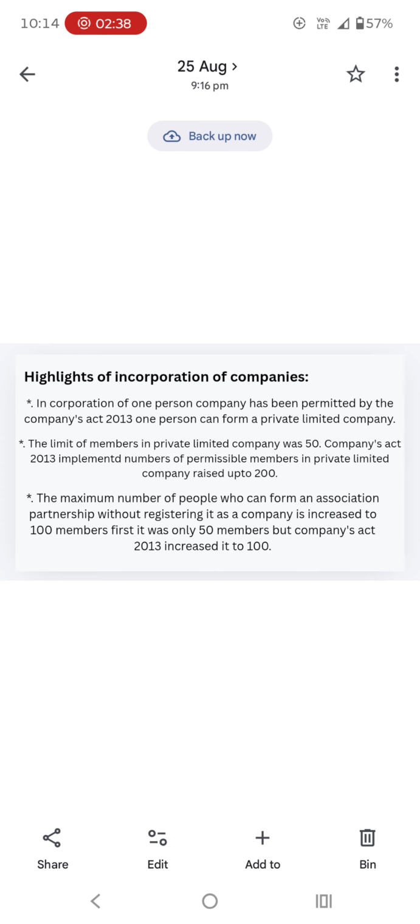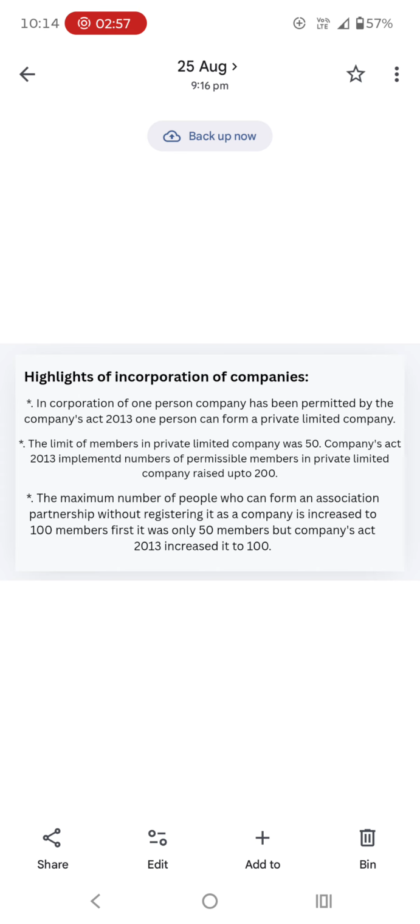The third point is the maximum number of people who can form an association or partnership without registering it as a company is increased to 100 members. First it was only 50 members, but Companies Act 2013 increased it to 100.